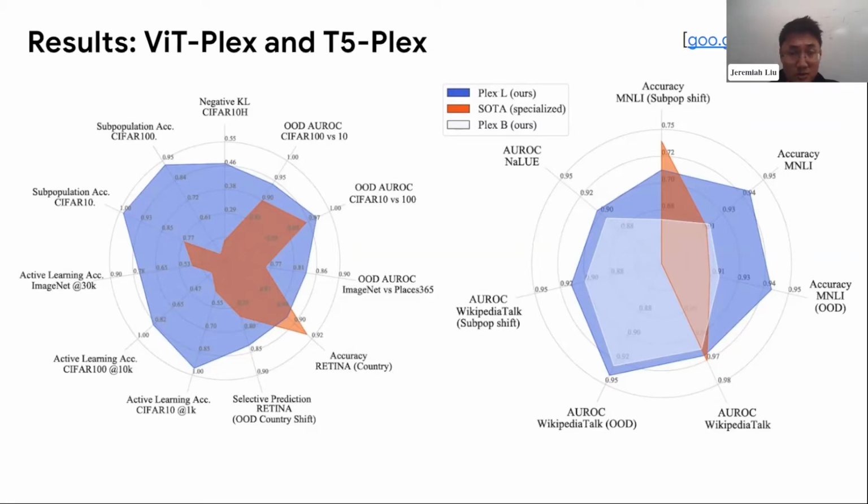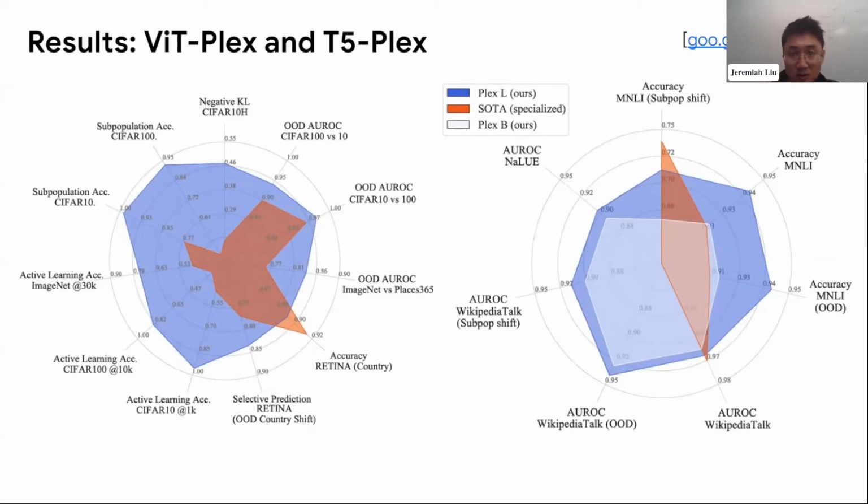One example is on the text side, for the accuracy on the very top, for natural language inference, for the subpopulation shift, that performance is achieved by synthetically generating additional data that specifically targets the model's weakness and adding those to the training dataset. In comparison, the Plex model is just working rather well out of the box.